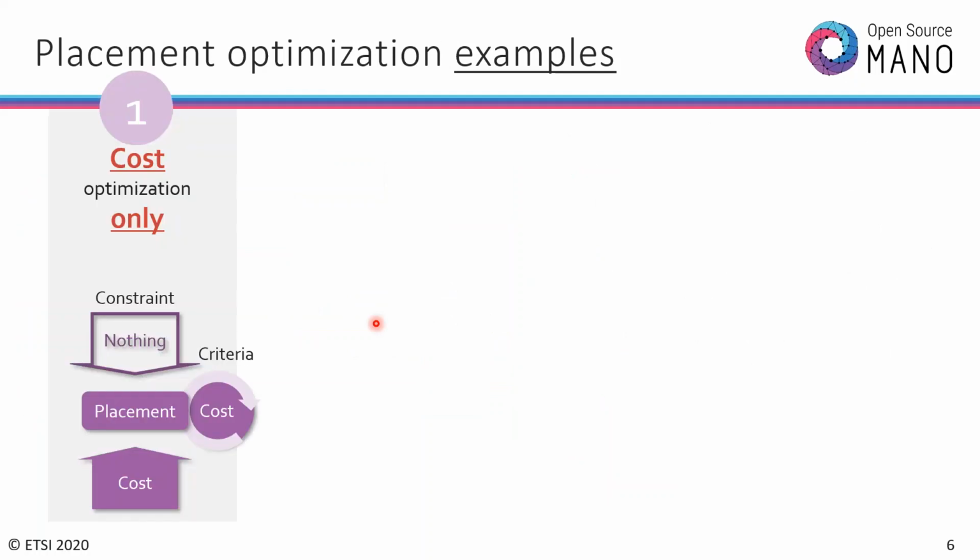And now we should have a look at the different ways to do optimized placement, and these are examples. So there are a lot of other things that are possible, but we start with the first one: we go for cost optimization only. So there are no constraints. We have a cost model. We request placement of a network service, and we compute the optimal placement based on minimizing the cost.